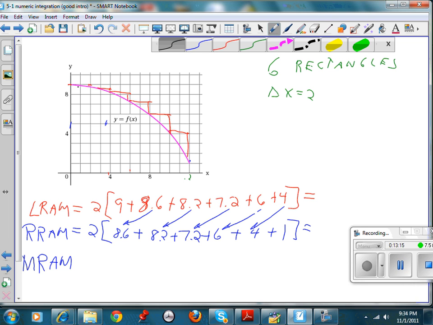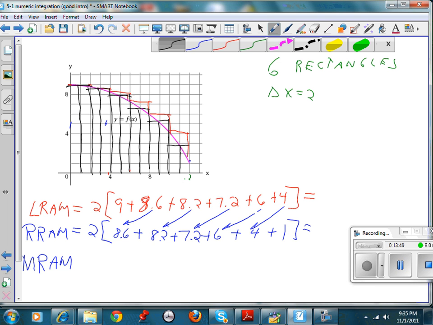The midpoint would be that height, and this height would be the midpoint of every one. So this is my height here. I'm using the midpoint as the height of my rectangle.